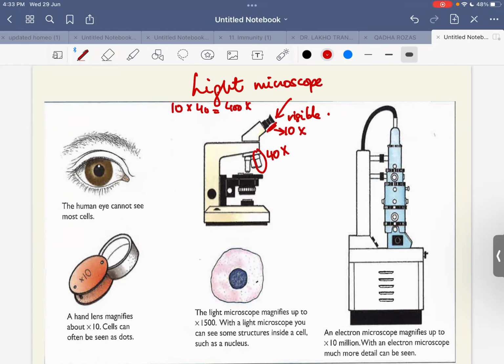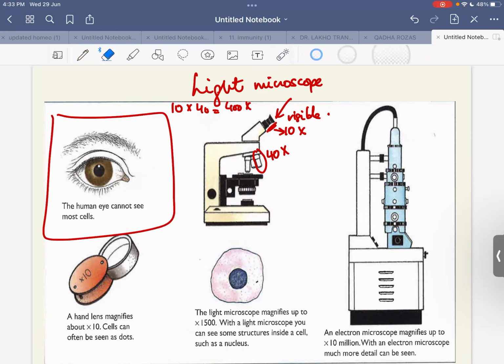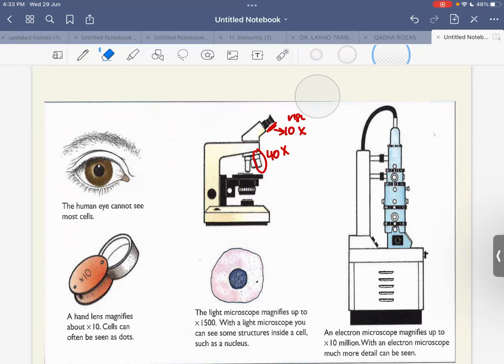In that case, I can see any object magnified 400 times. So this kind of simple microscope can enable me to see objects which I cannot see with my natural eye. And let me tell you, for your information, that a good quality, powerful light microscope can magnify things to a maximum of 1500 times.